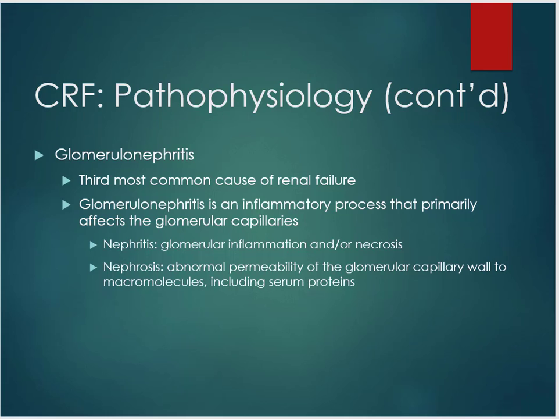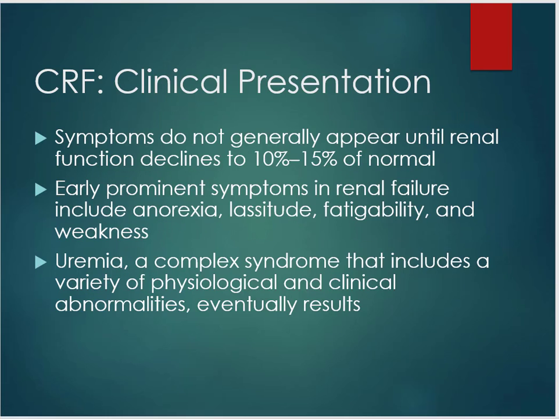Symptoms may not occur until renal function has been impaired, down by approximately 10 to 15%. Some early symptoms may include anorexia, fatigability, weakness. You also may notice uremia, where there are high levels of waste products in the blood system.